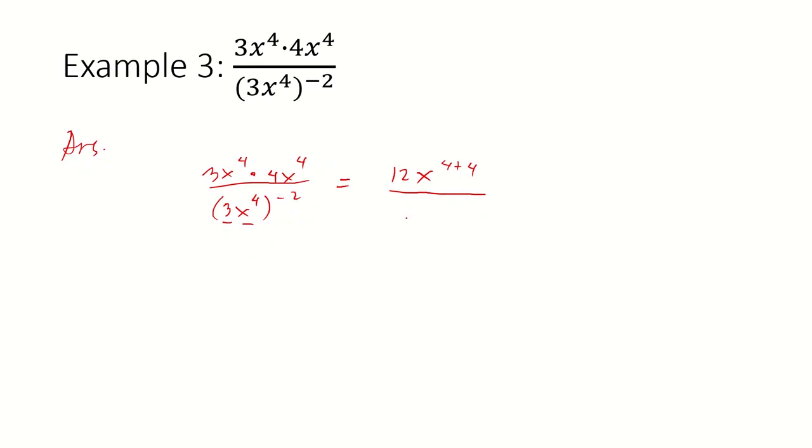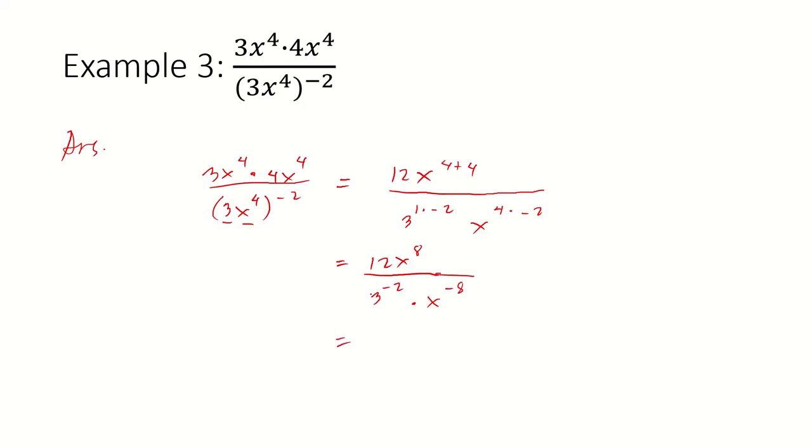So, ibig sabihin nito, yung 3, may exponent na siya as 1 times negative 2, tsaka yung other base natin na x, exponent niya is 4, we multiply it with negative 2. So, magiging x to the power of 8. Ito naman, 3 to the power of negative 2. At dito naman, x to the power of 4 times negative 2, negative 8.